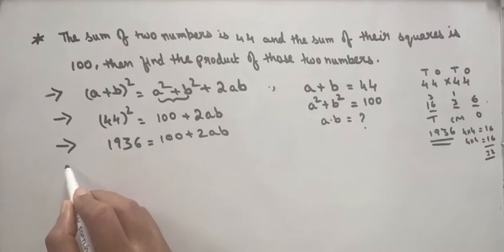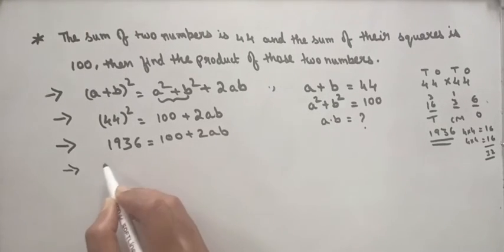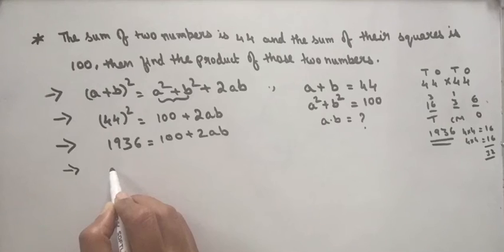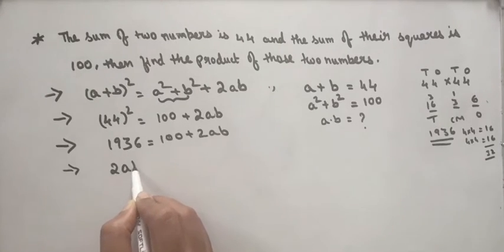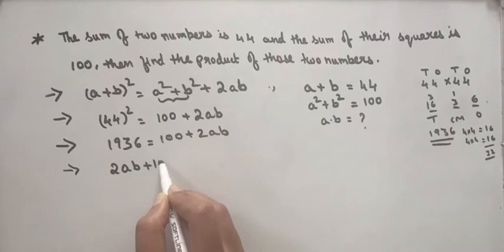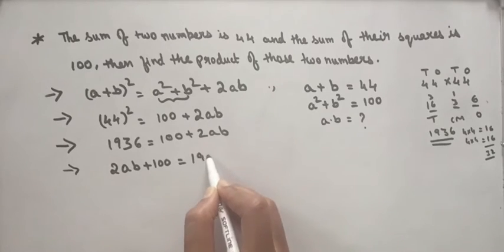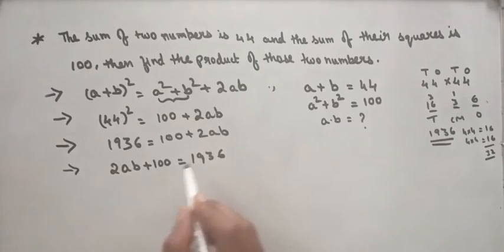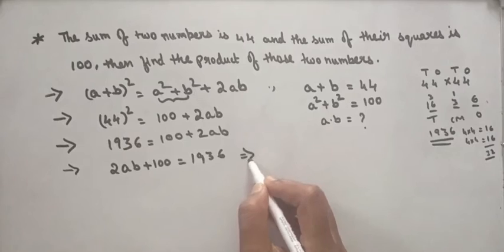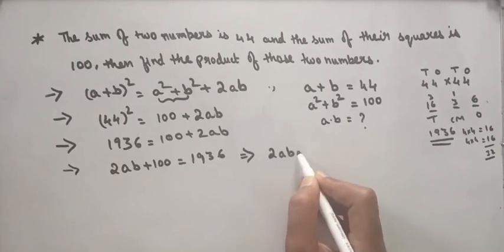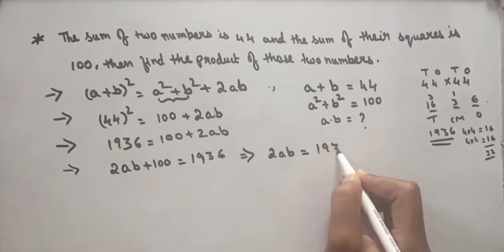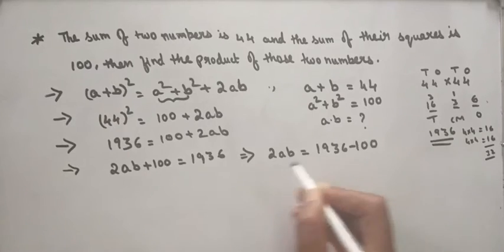Now two AB plus 100 equals to 1936. Both are same, right? So I am writing it like this. So 2AB equals to 1936 minus 100.